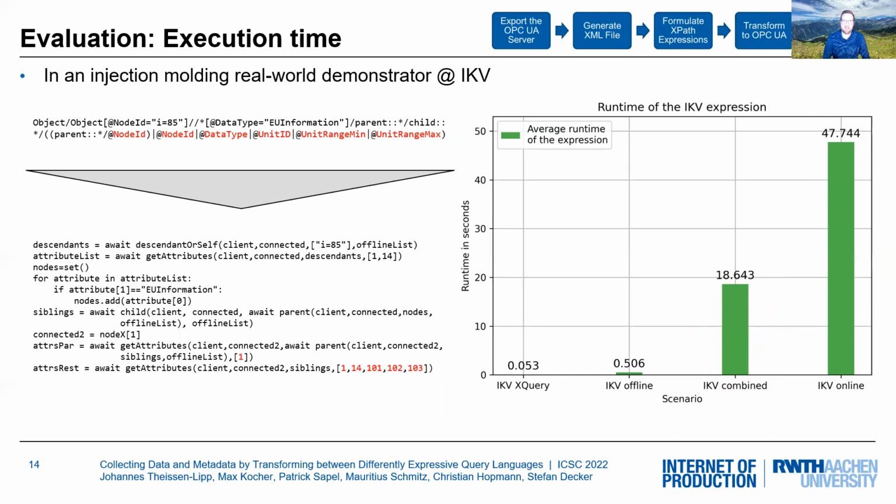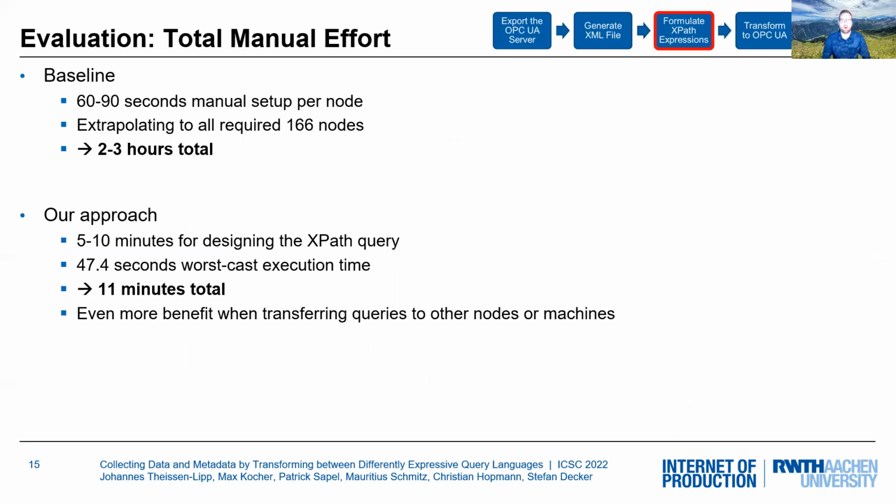And now, we come to the final part of our evaluation, which is also very important. That is the total manual effort needed for data scientists or domain experts. So we investigate the time that is needed to actually formulate the XPath expressions or to actually set up the data extraction.